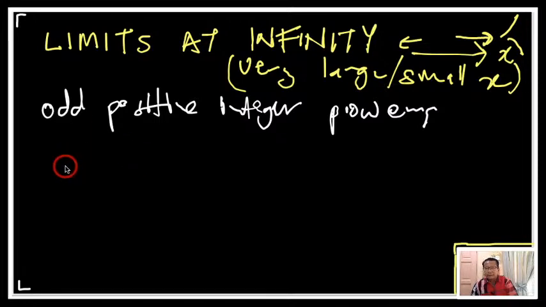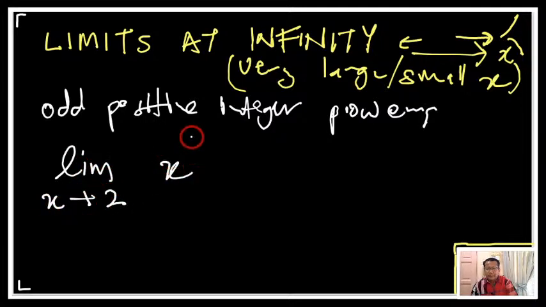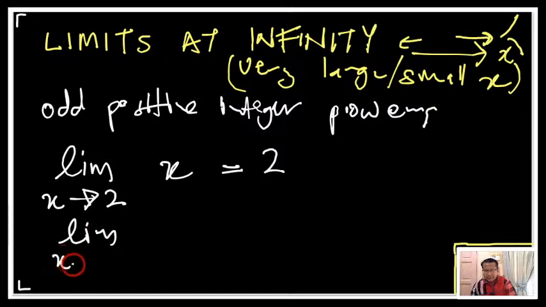For example, limit as x approaches 2 of x. So this one is odd power 1. So you get 2. Alright? But now, what about the limit as x approaches positive infinity of x?